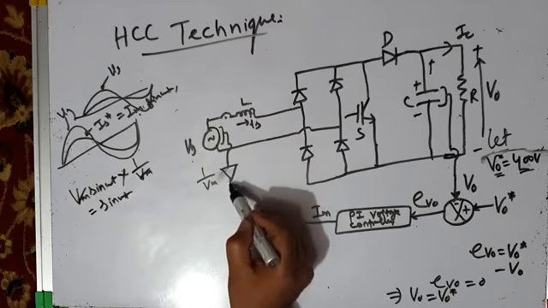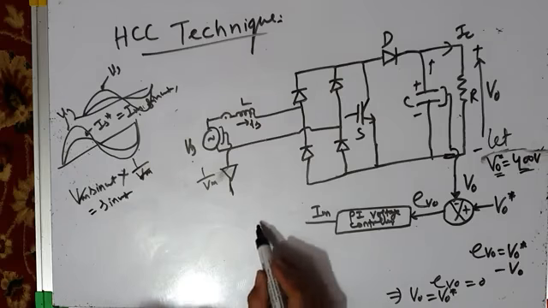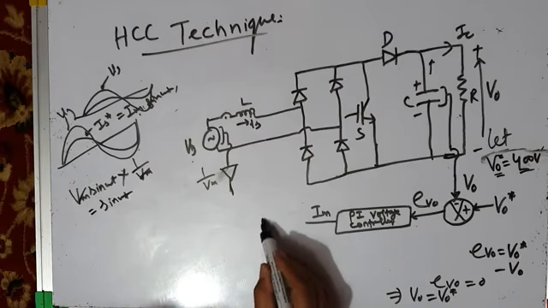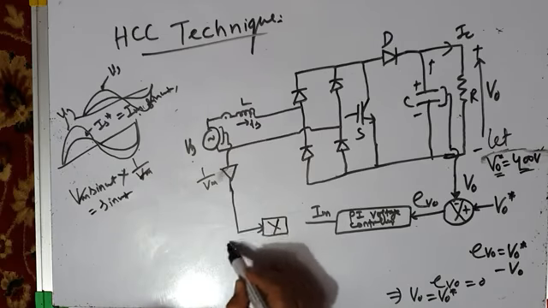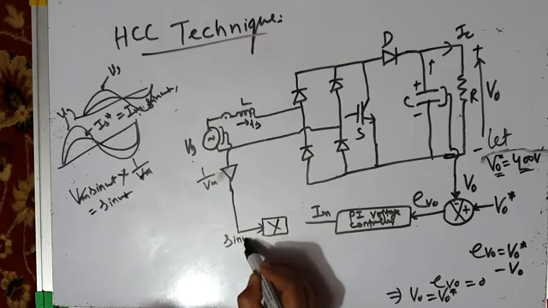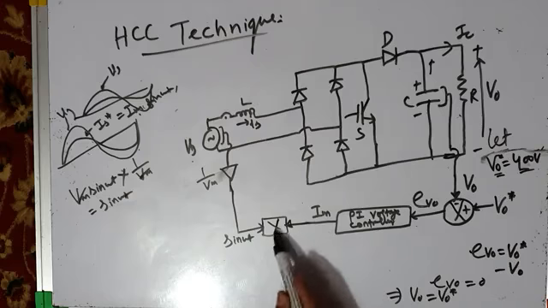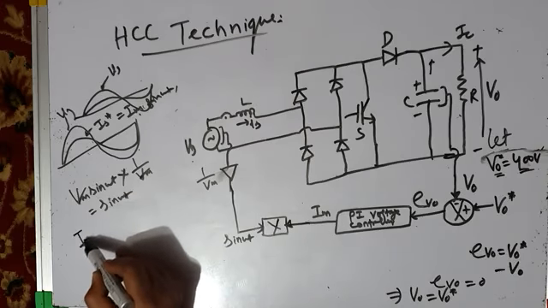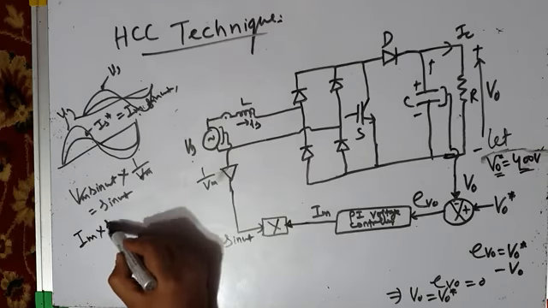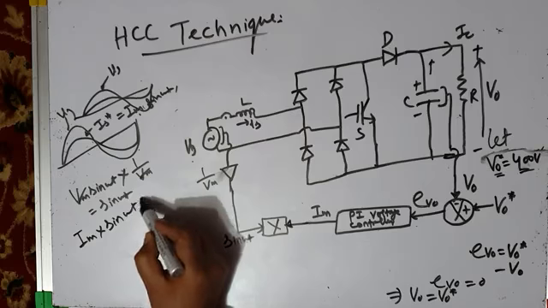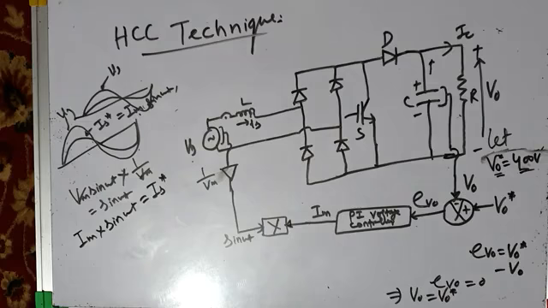So from here its output we get sin omega t, and we give that to a product block. This is our unit vector template, sin omega t. We are multiplying that by Im. So in this product block these two get multiplied, it becomes Im into sin omega t, which is equal to your Is star, reference current.